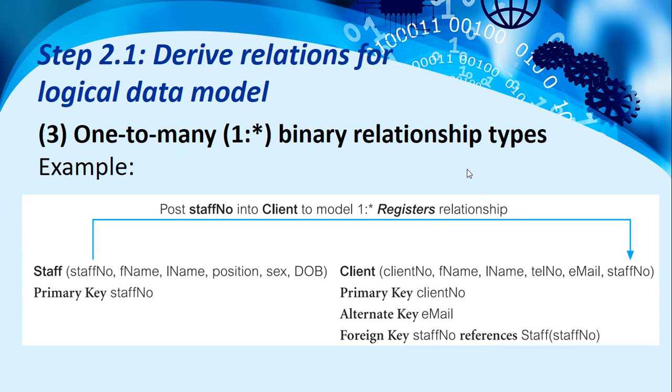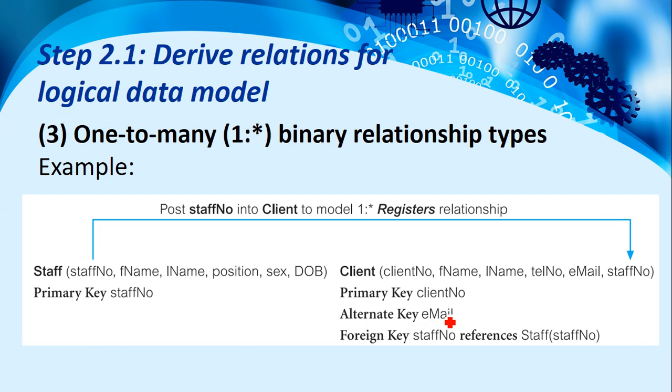So what happened is we just write down all the staff and the client, then list down all their attributes. Then if there's a primary key, you just write it down. This one has a primary key, and at the same time it also has an alternate key, email.